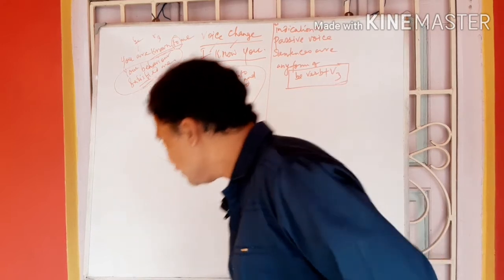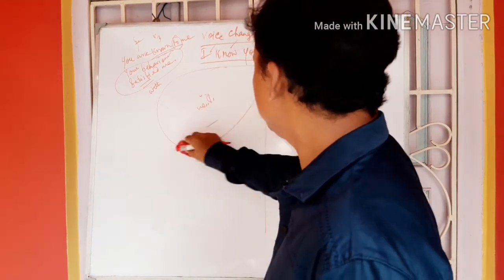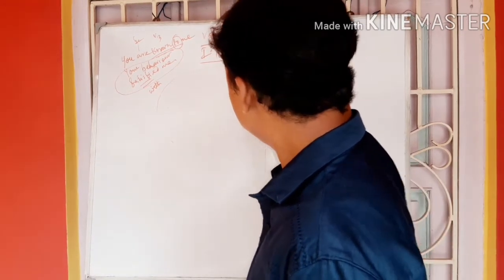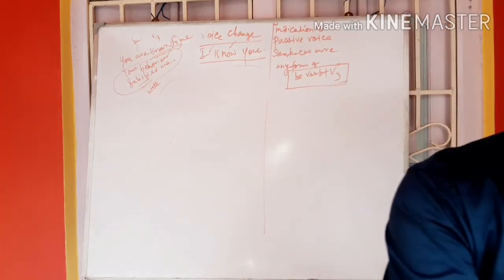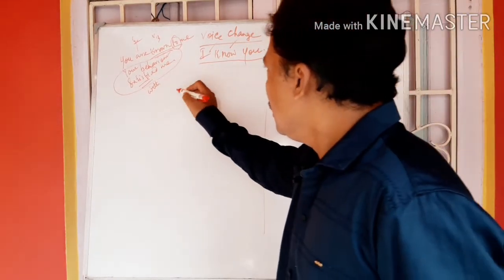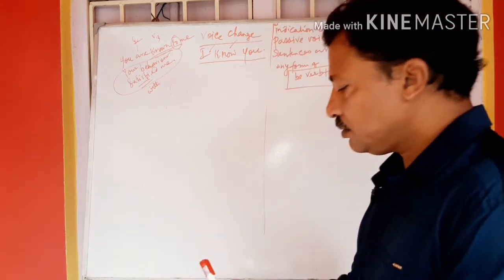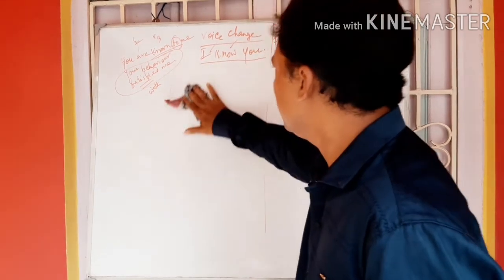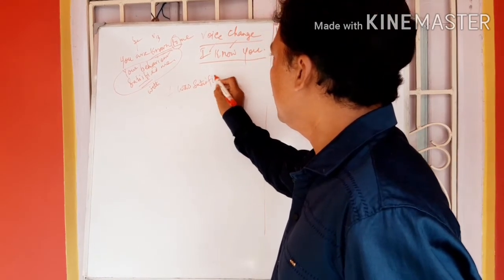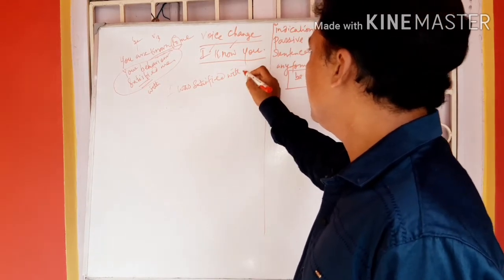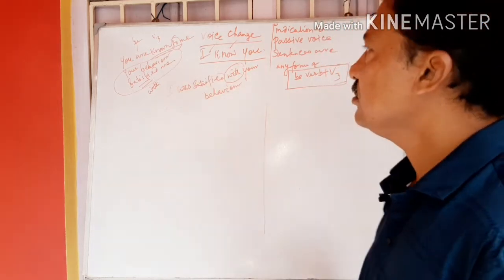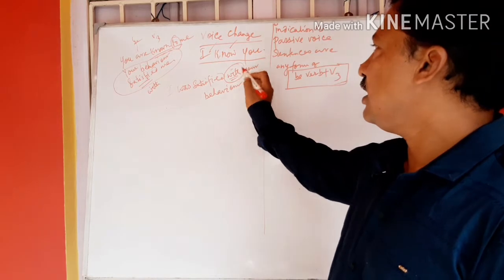So the answer will be I was satisfied with your behavior. So here with is used. Instead of by, with is used because with is the appropriate preposition.